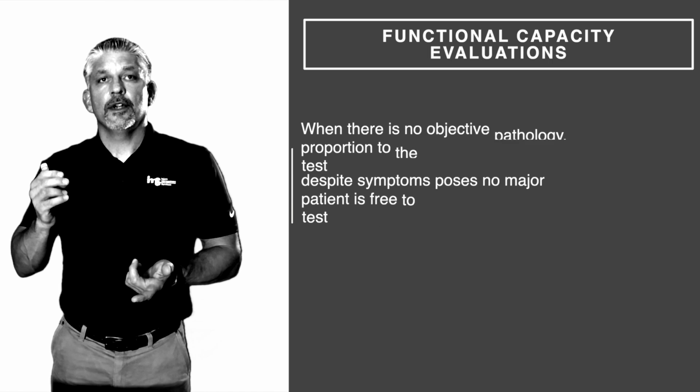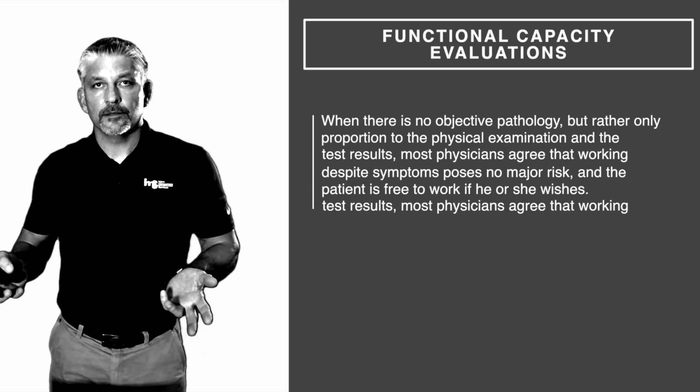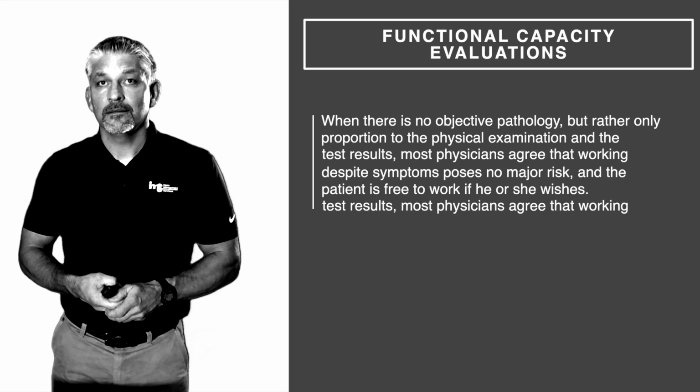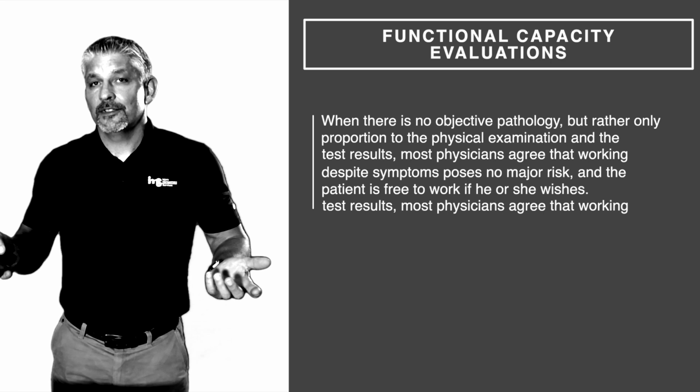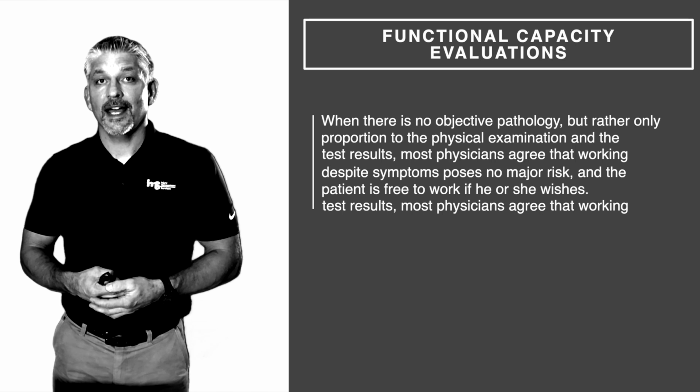So when there is no objective pathology, but rather only symptoms, and the symptoms are out of proportion to the physical examination, most physicians agree that working despite symptoms provides no risk.